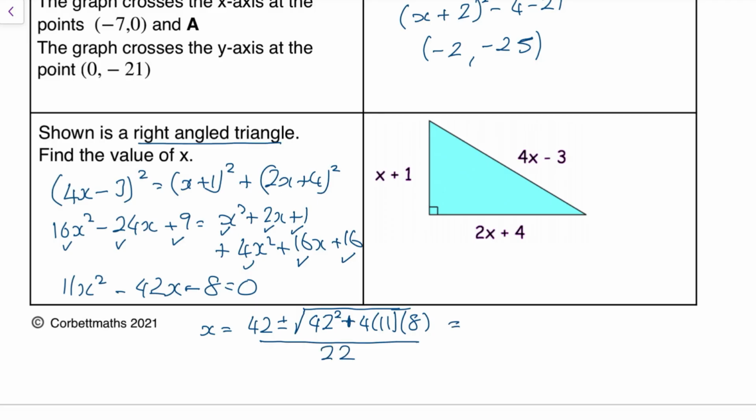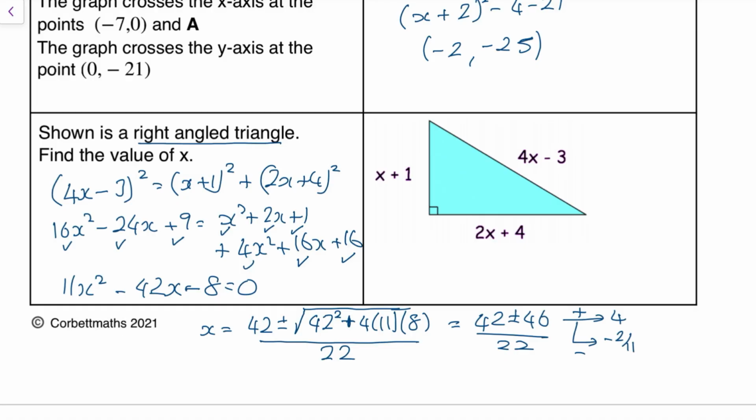Now, if the square root bit gives me a nice number, it probably means I've done the right thing, but let's see. Doesn't mean I haven't, but it probably does. So 42 squared plus 4 times 11 times 8, square rooted, is indeed 46. So I feel quite good about this. So it's going to be 4 plus or minus 46 divided by 22. So the plus version is just 4, and the minus version is minus 2 over 11.